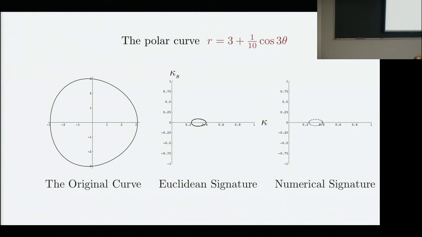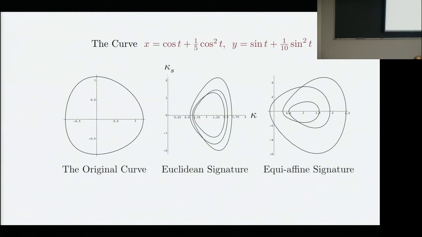So this is close to being a single point, a reflection of this being almost circular. This one has an approximate threefold symmetry. This is the Euclidean signature, and if it were exact threefold symmetry, the signature would go exactly 3 times on top of itself. This is the corresponding equiaffine signature.